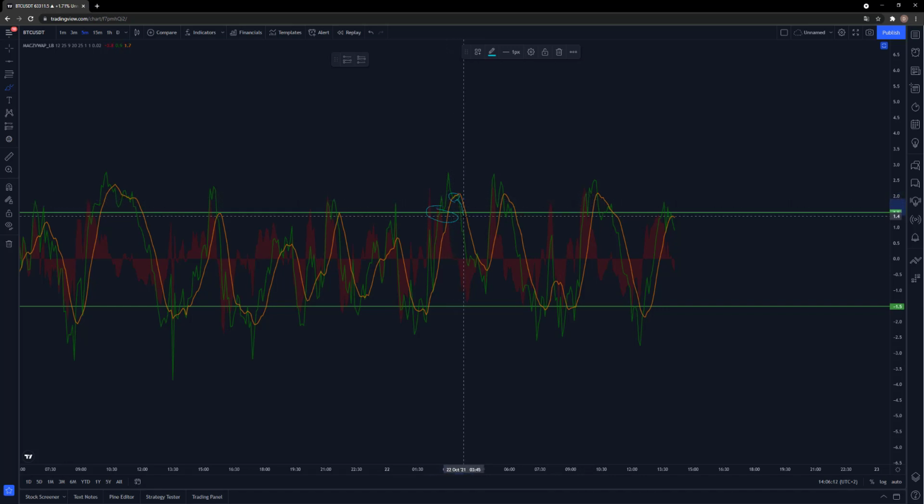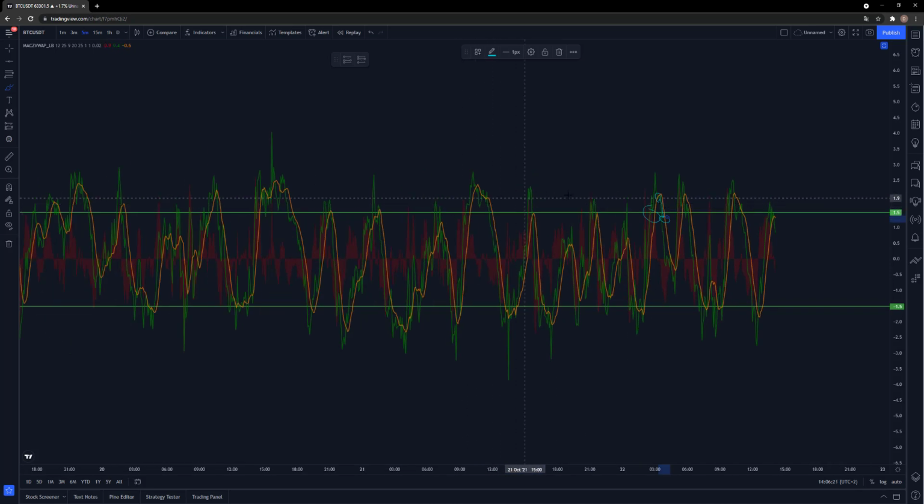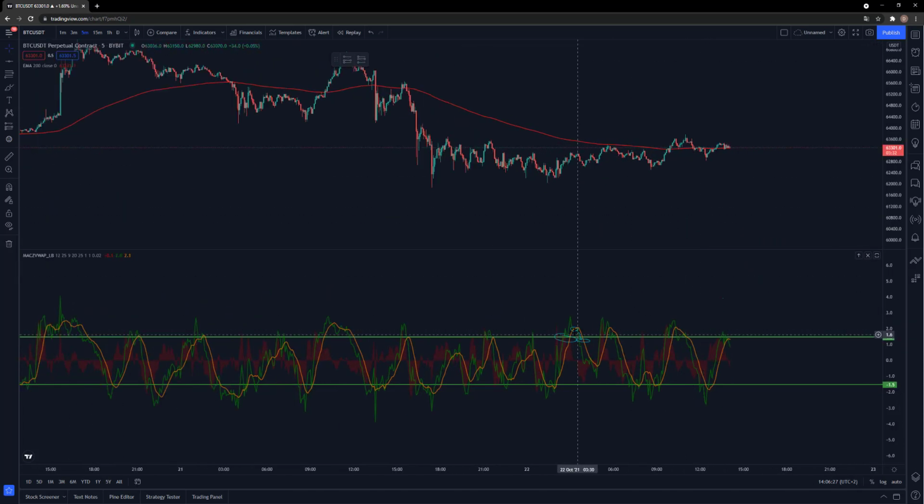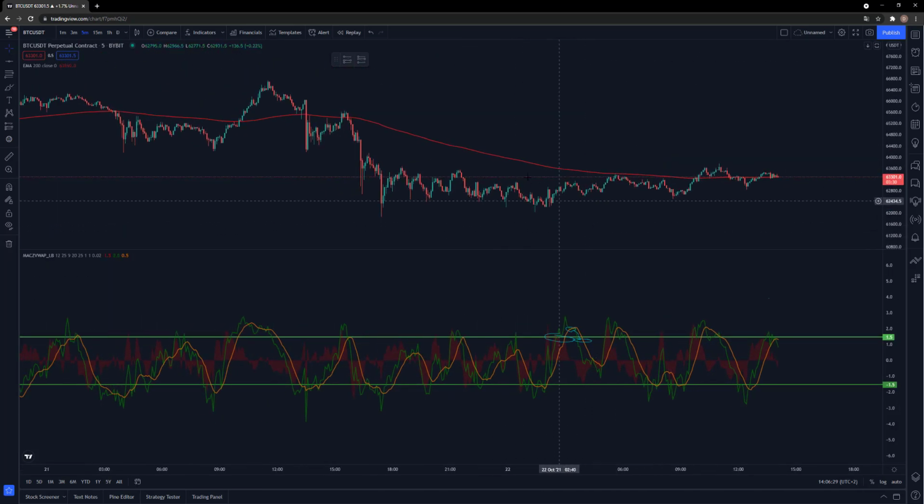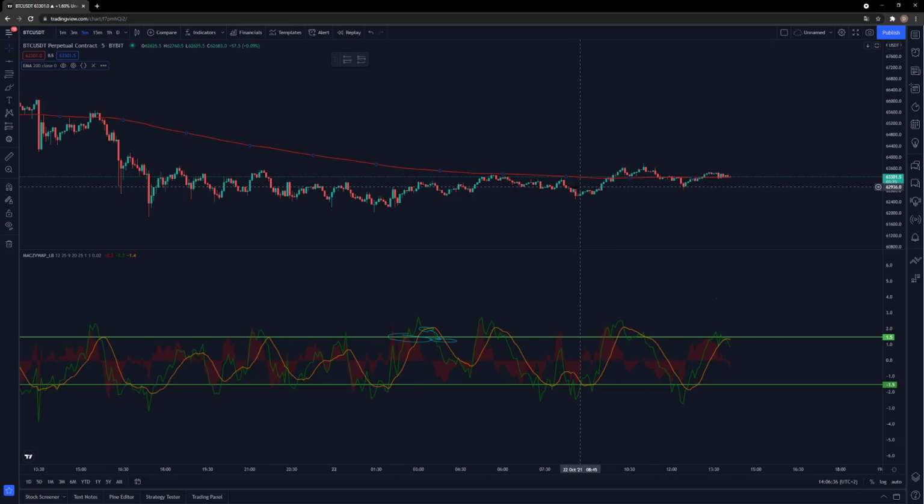Then it goes underneath our horizontal line, and here is where we take an entry position for a short, but we can only do that if we are below the 200 EMA. We would take a short position right here. It was a small scalp. This one would have taken us a loss, but I hope it's clear for you.